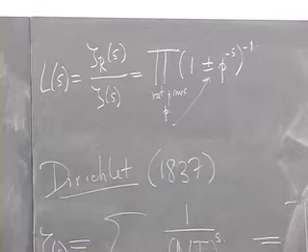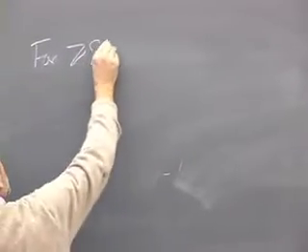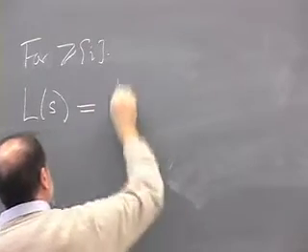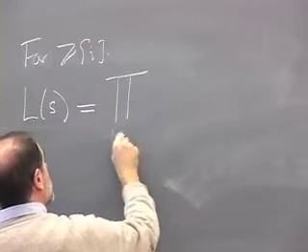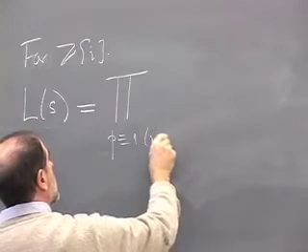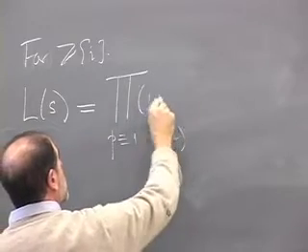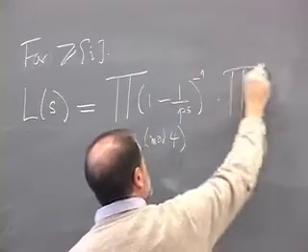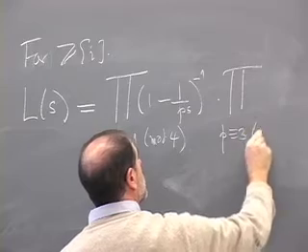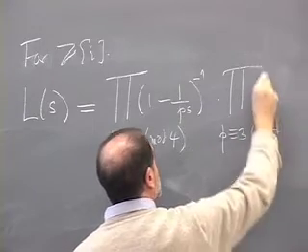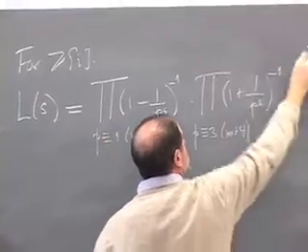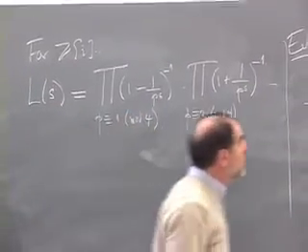Well, for Z of i, it turns out that this L of s looks like this: the product over p congruent to 1 mod 4, those are the things with 2 factors, of (1 minus 1 over p to the s) inverse, and then the product over p congruent to 3 mod 4 of (1 plus 1 over p to the s) inverse. And then you don't get anything for p equal 2 because there the term cancels exactly.